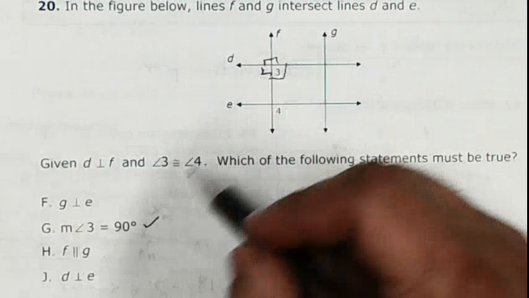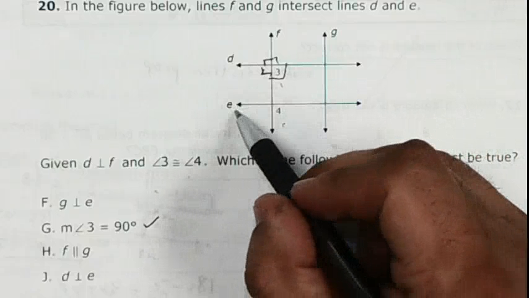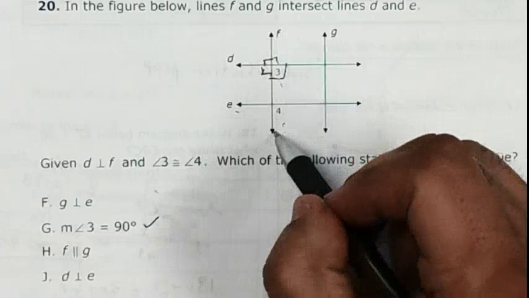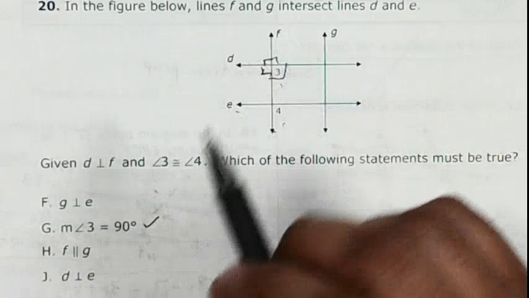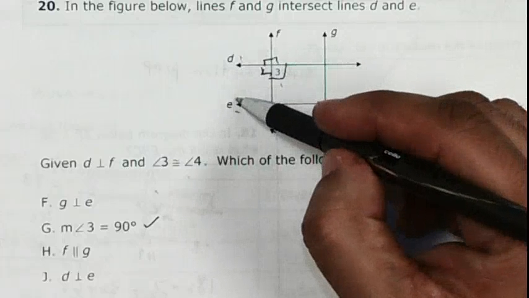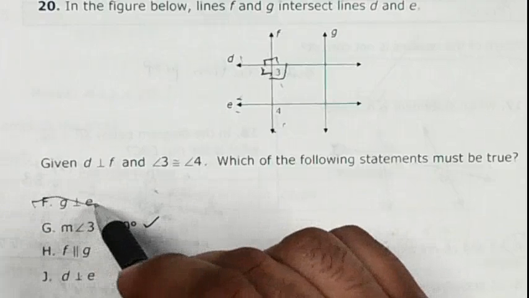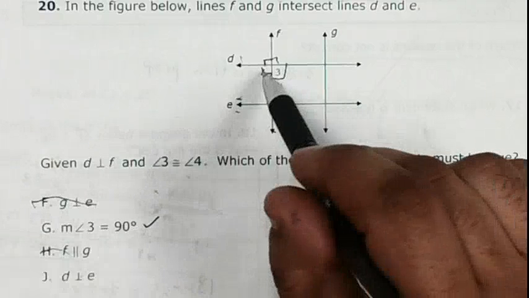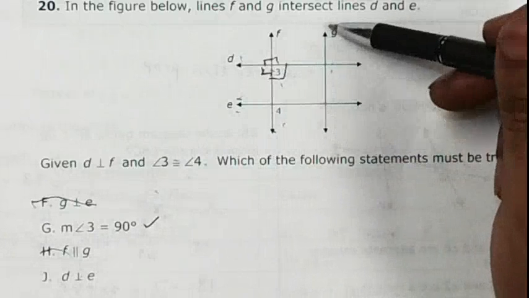And because 3 is congruent to 4, that's going to tell you that E is perpendicular to F, which would also imply that D and E are parallel, but that's not one of my choices. So I know this can't be it. This doesn't work because I'm not told anything about F and G. I'm not told anything about G, actually.